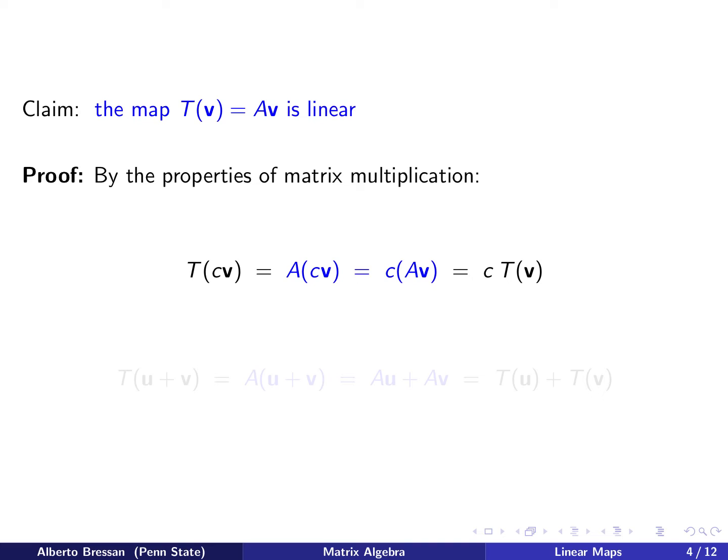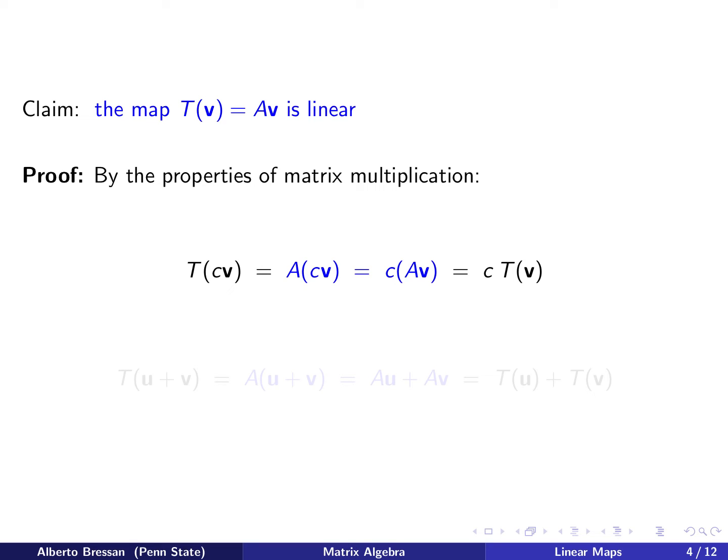Okay, so we can carry out a simple proof per definition to see if this map satisfies the two conditions of a linear transformation. So the first one, I want to show that, take a c, that's a scalar multiple, transformation of c times v, what does that equal to?